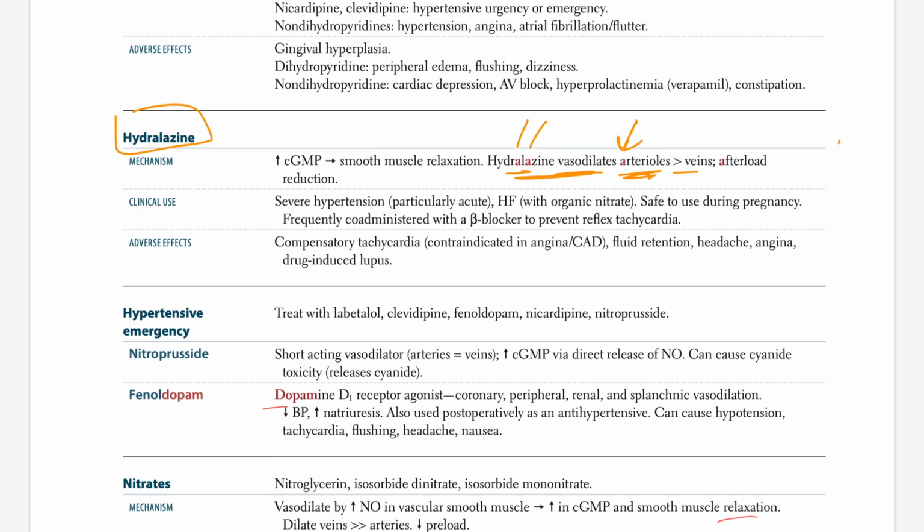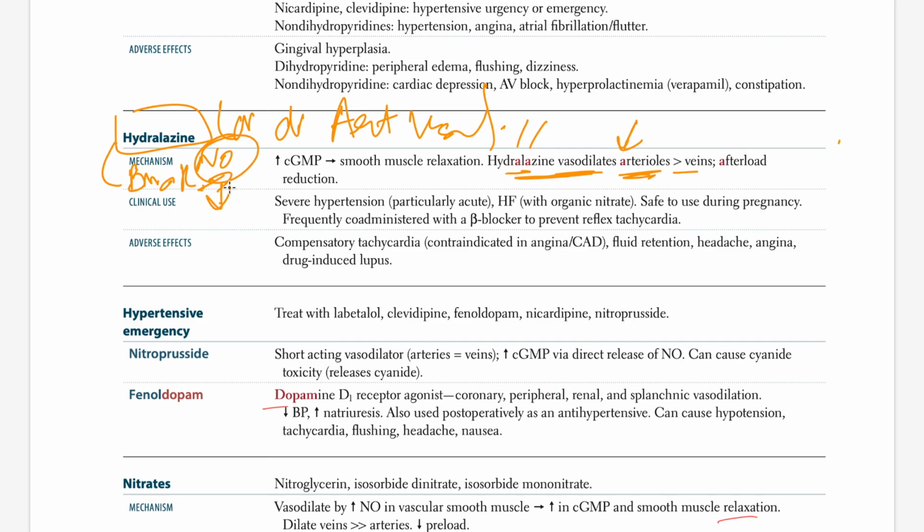Remember that nitric oxide we talked about? Hydralazine, first of all, is an oral direct arterial vasodilator. That's an important thing to mention. It binds the receptor on endothelium, which leads to nitric oxide release.